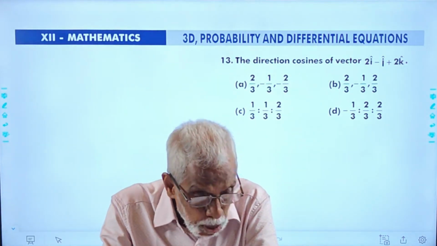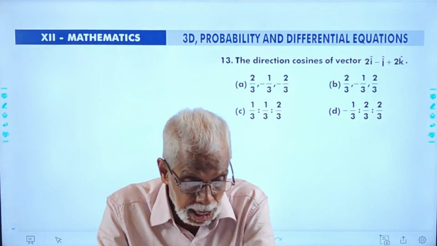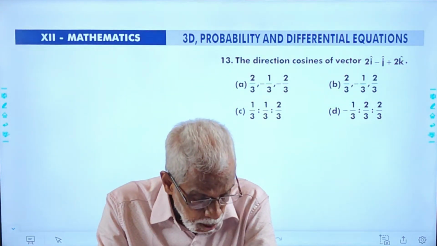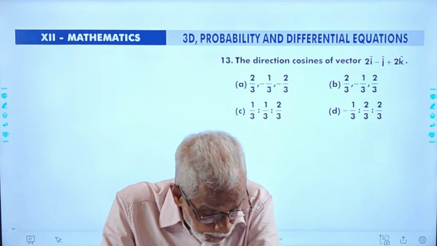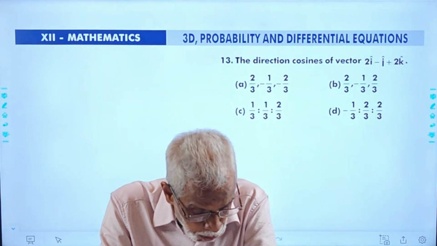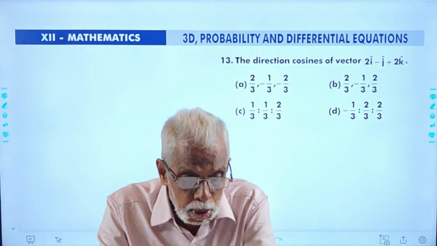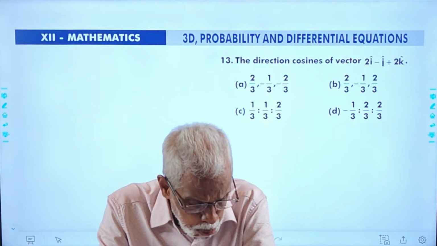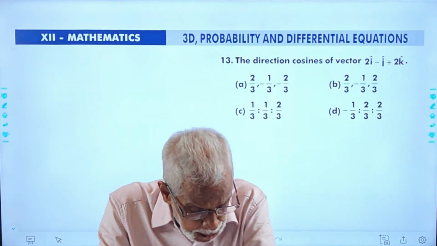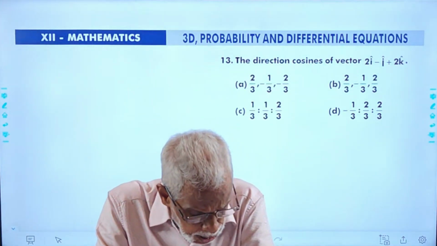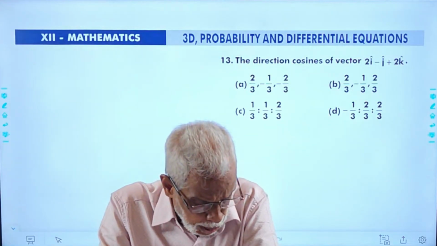Then direction cosines are 2 by modulus R, minus 1 by modulus R, and 2 by modulus R. Modulus R is root of 4 plus 1 plus 4, which is 3. The correct choice is B choice.